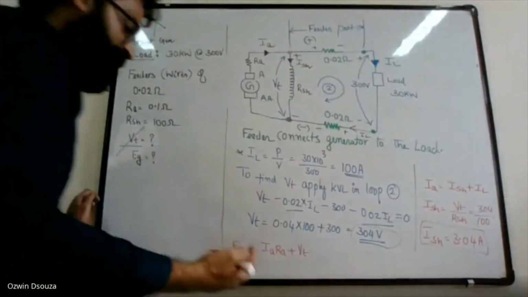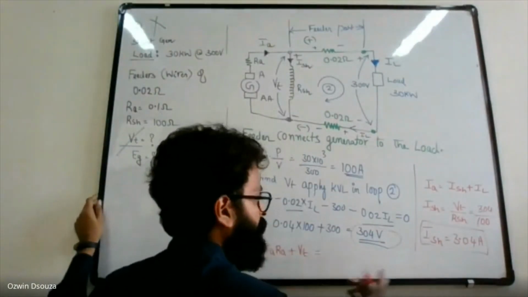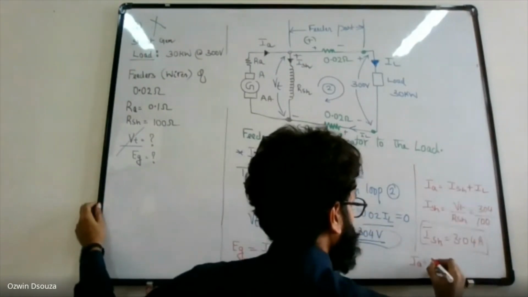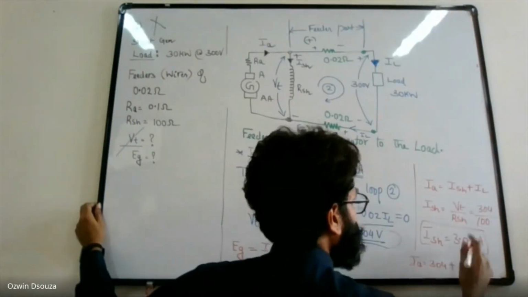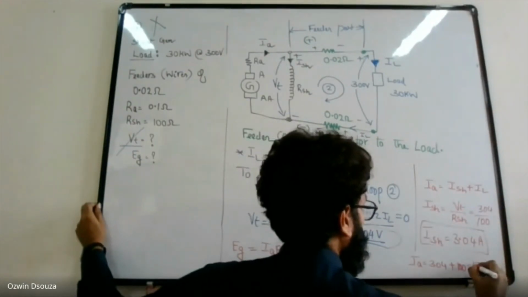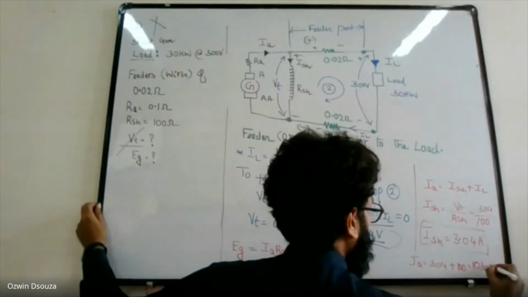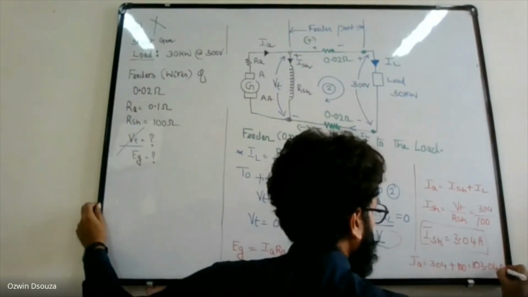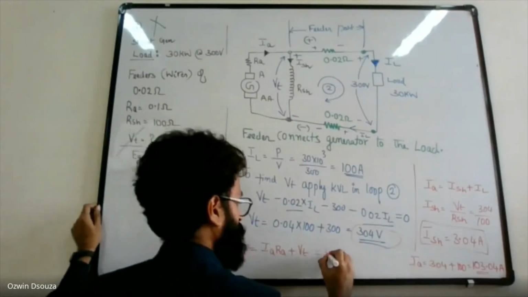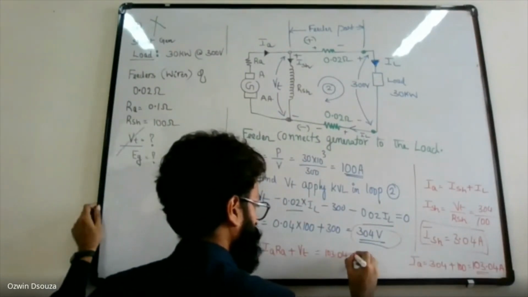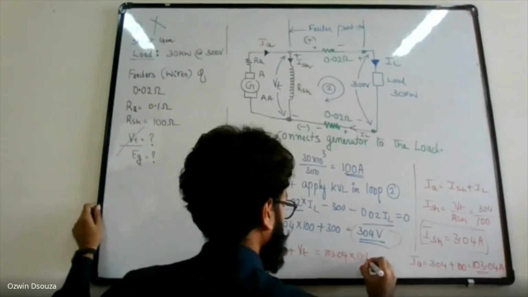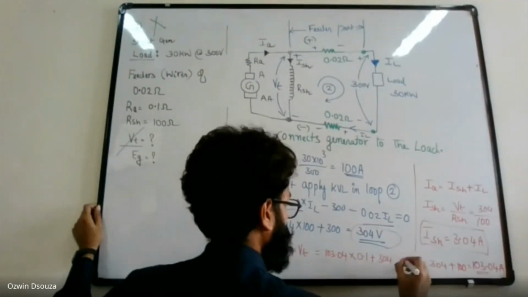Done? Now you just have to substitute. IA is ISH plus IL, which is 100, so 103.04 amperes. That is your IA. So 103.04 into resistance 0.1 plus 304.